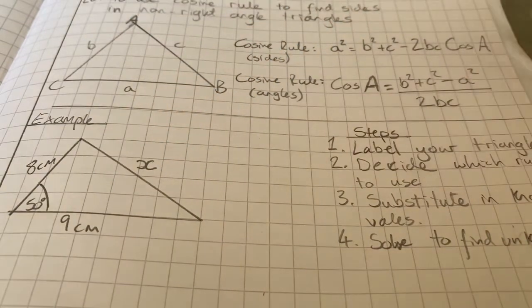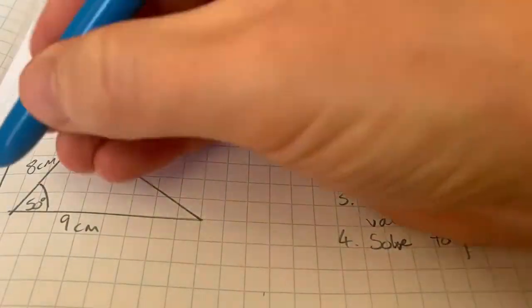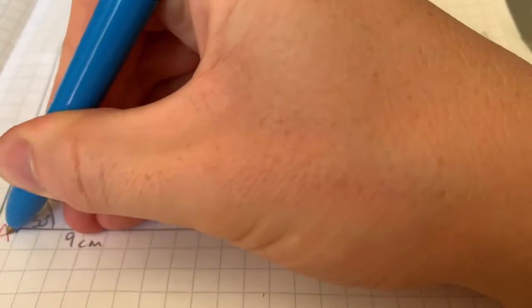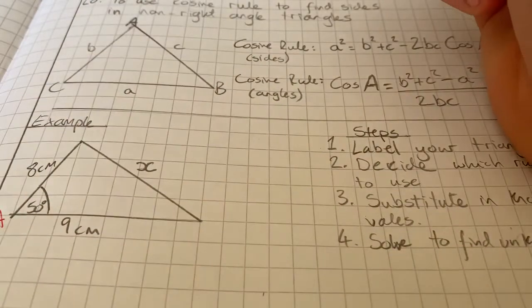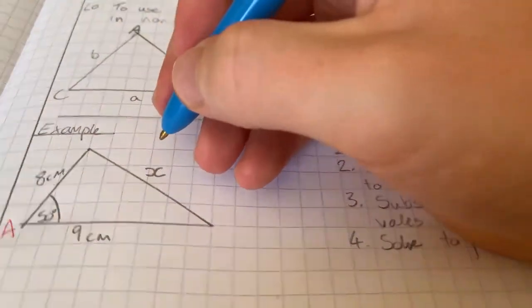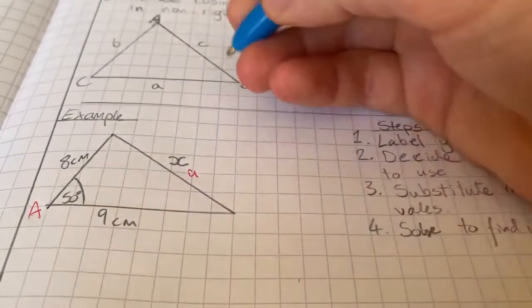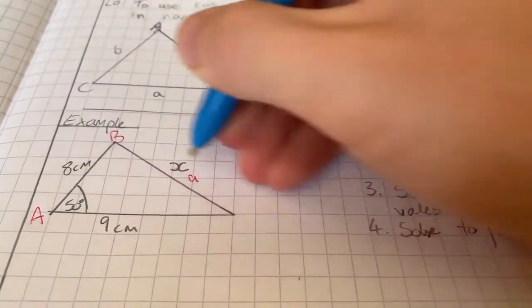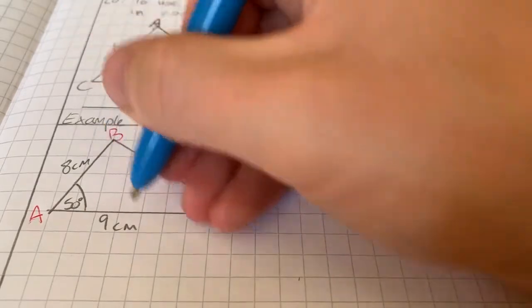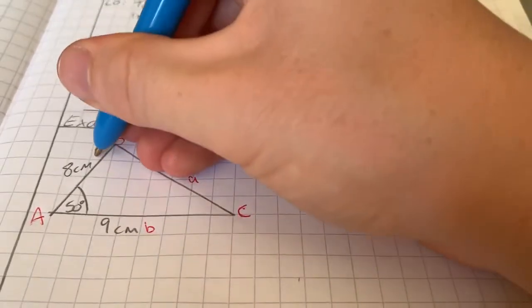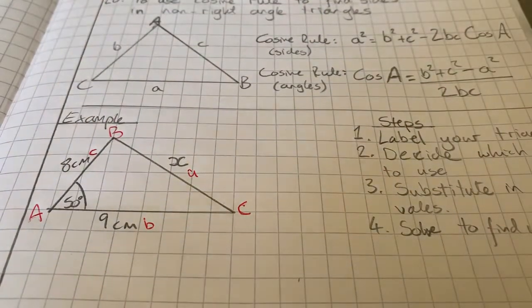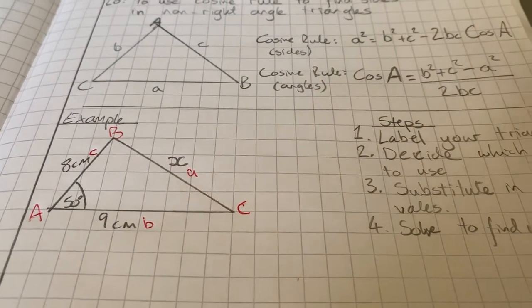So that's a good indicator. I'm going to label this one A, because that is my angle that I know. This A is lowercase, and then B and C don't actually matter which way round they are, so keep it like that.